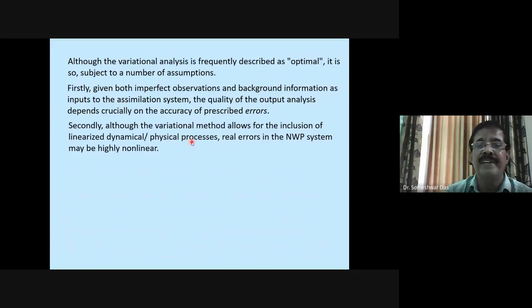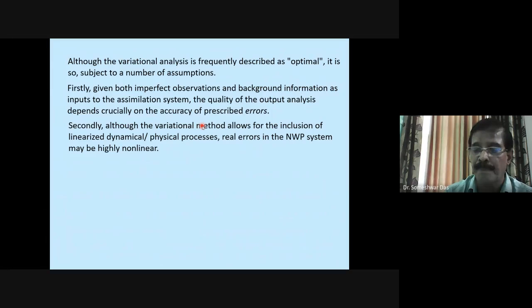Secondly, although the variational method allows for the inclusion of the linearized dynamical physical processes, real errors in the NWP system may be highly nonlinear. You also know that in the NWP system, the dynamics of the atmosphere, many physical processes are nonlinear. Okay, so inclusion of the nonlinear processes in the model also causes problems in the variational analysis.